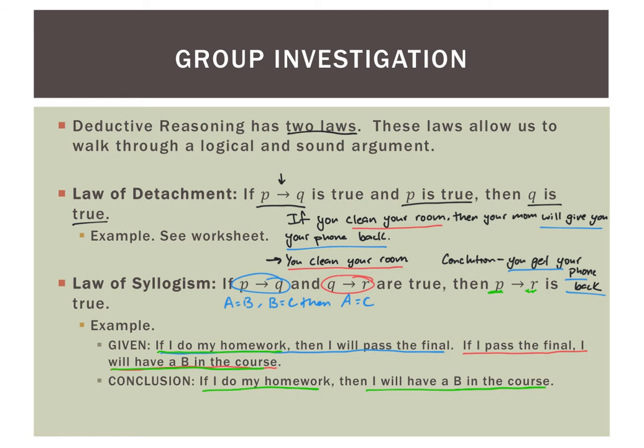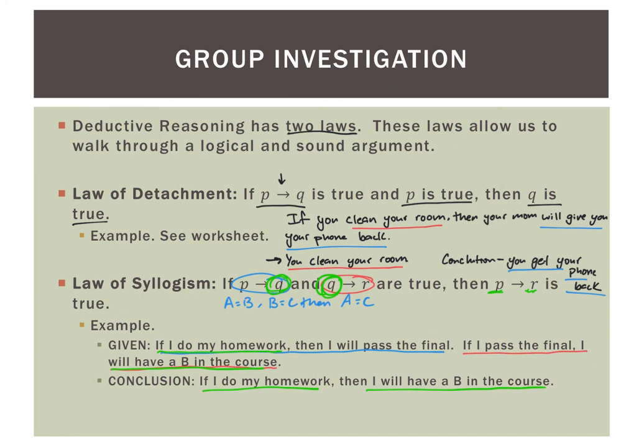Now, the trick for law of syllogism is Q. Notice how Q is in both pieces. You have P, then Q, and then you have Q, then R. Here's how you can tell if the law of syllogism is logically sound, and that's if you have Q in both statements.